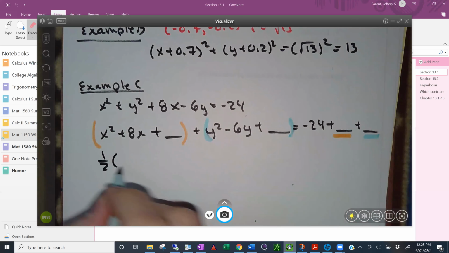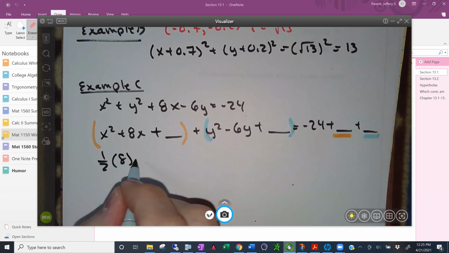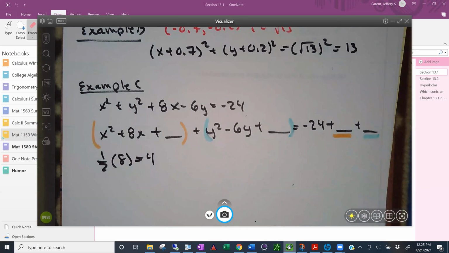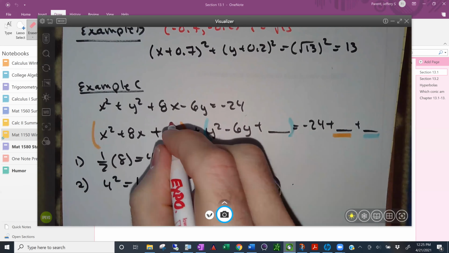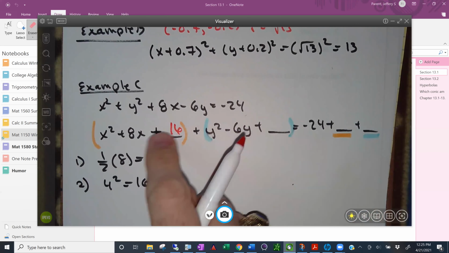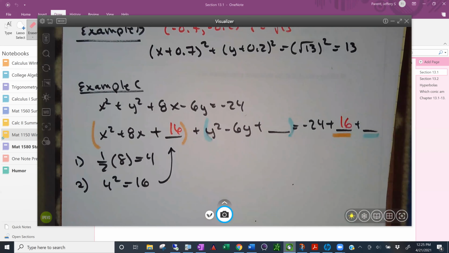You take half of the middle number and you get 4. Is that it? That's all I need to do? Put a 4 in here? You just square it now. Yeah, you've got to square it. So there are 2 steps. And when you square it, you get 16, which I'll put here. And I'll also put that over there. You've got to keep it even on both sides.